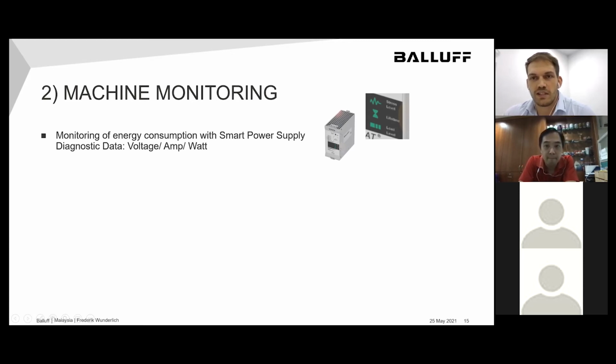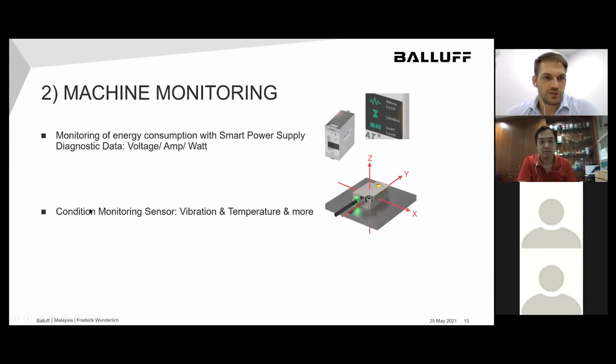So lifetime is actually the perfect example of the power supply giving you an estimated time of when is the next time that you have to maintain the power supply. And also, obviously, power supply gives you information about all the sensors connected to your system. So this is one very good example of a power supply, usually a standard product, but with IO-Link, it gives you additional information about your system.